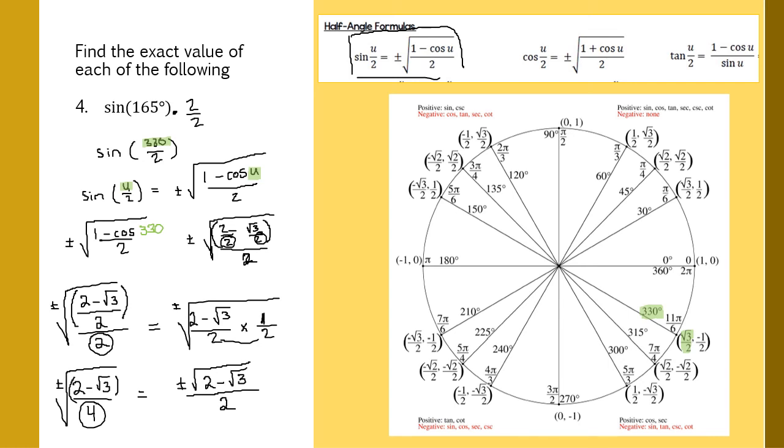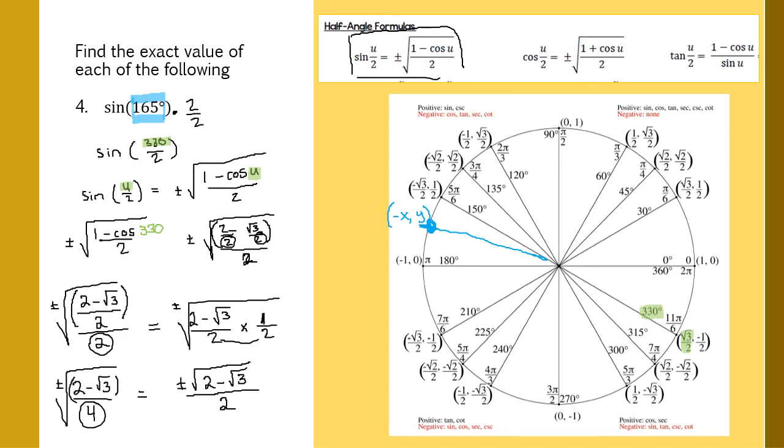And then I need to go back to the beginning and see where is my angle, what quadrant is it in, should I be choosing a positive or a negative root here. So 165 is somewhere around about in here. It's between 150 and 180. Exact location doesn't really matter. What's important to us is that this is going to have a negative x value and a positive y value.